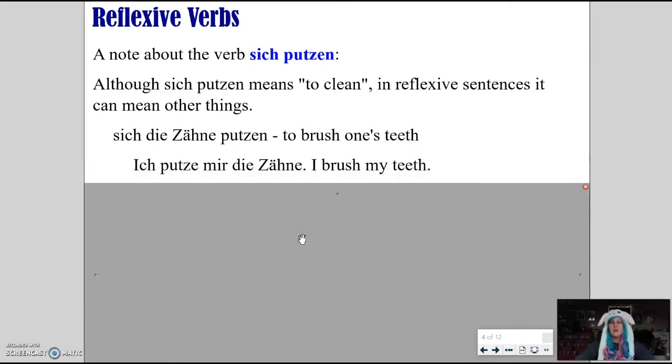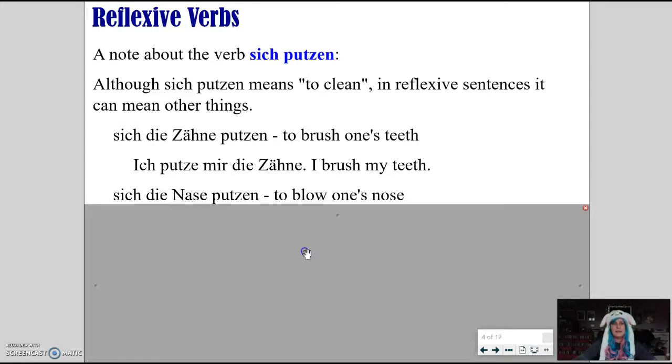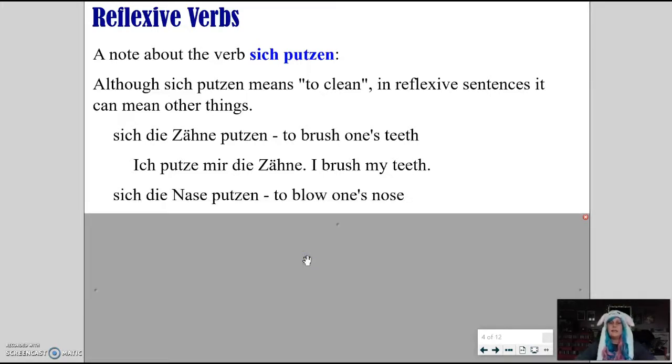And an example, and then we're going to explore how these sentences are put together in a moment: ich putze mir die Zähne, I brush my teeth. A second example of sich putzen, not quite meaning to clean, is sich die Nase putzen, to blow one's nose. Although technically when you blow your nose, you're kind of cleaning it out.